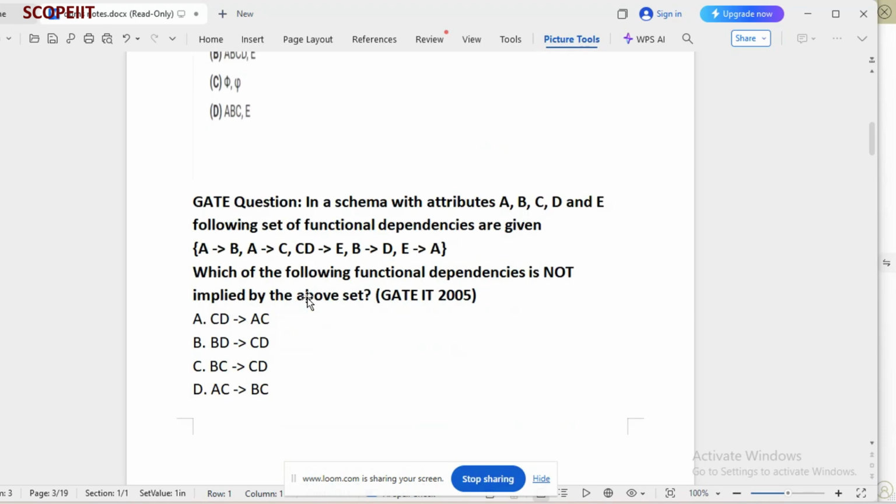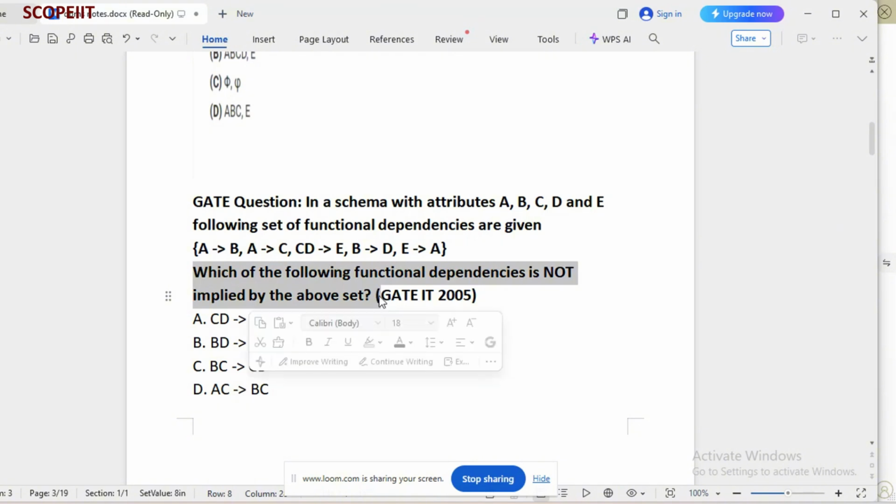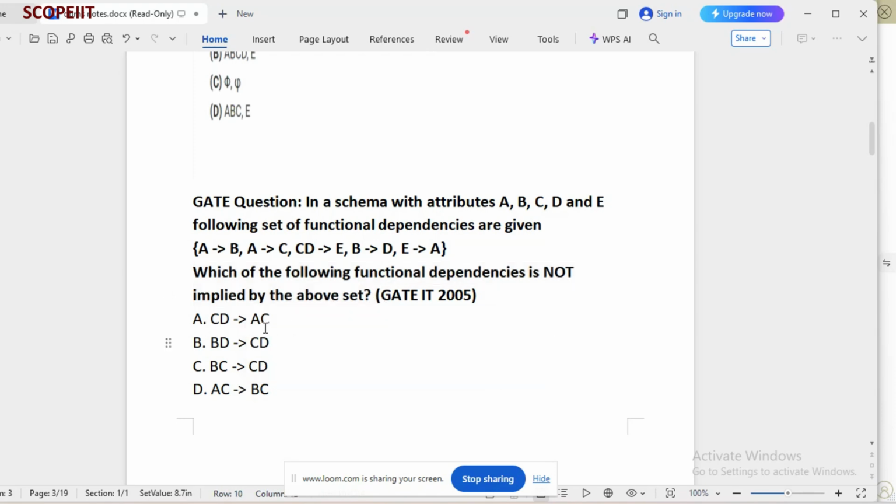This is also one previous year GATE question, GATE 2005 question. Please try to answer this one. And first of all, try to understand the question. What is the question? Which one of the following functional dependencies is not implied by the above set? So that means you have to answer which one of the following is not true. Like see here, you have CD.